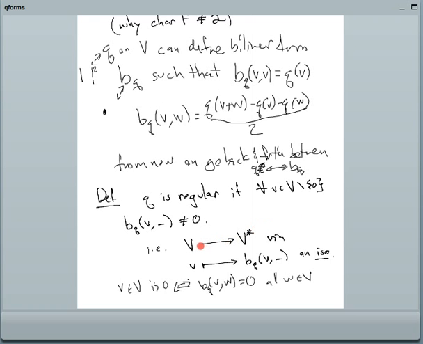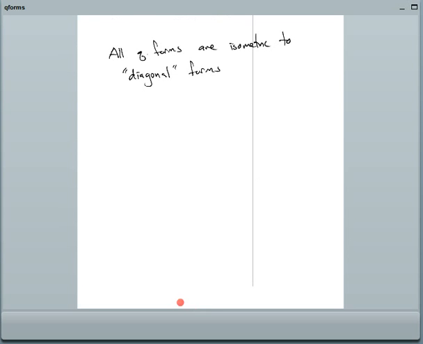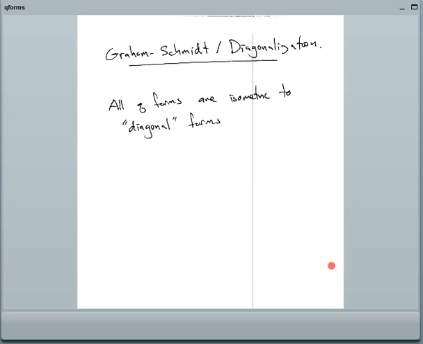Or another way of saying it is that you get an isomorphism between the vector space and its dual by mapping any vector to the function which dot products with that vector. So this is the notion of regular forms. We're going to generally work only with regular forms.